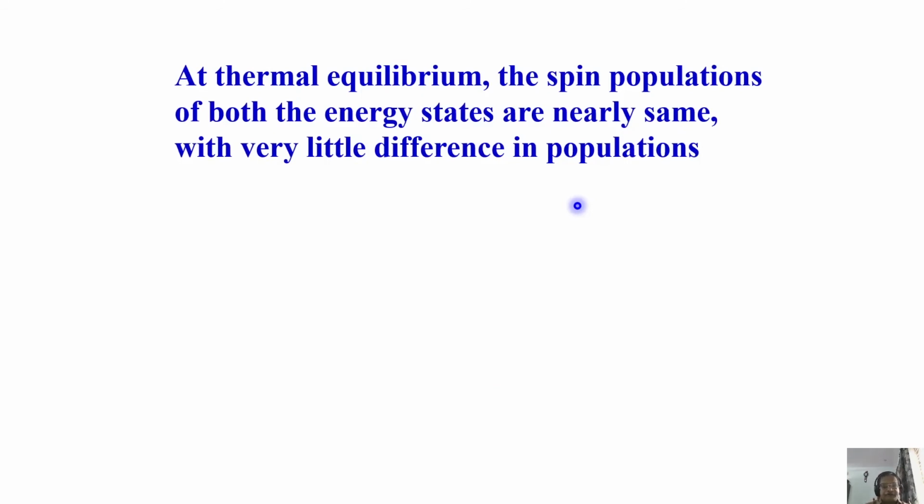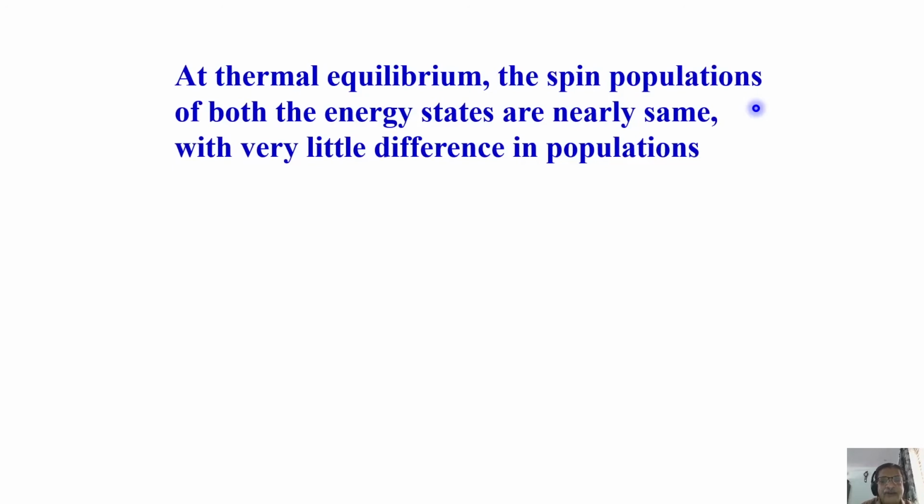Now, at thermal equilibrium, the spin populations of both energy states are nearly the same. That's what it says, with very little difference in populations. What does it mean? In 2 million spins, the difference in the population is less than 100, about 95 or 96.